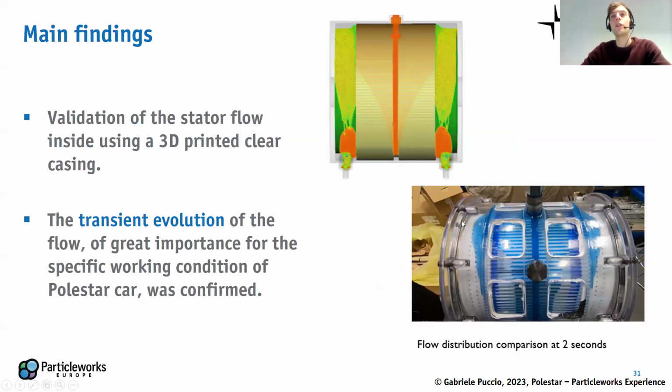Then, as mentioned, they wanted to see the flow distribution of the transient injection in the stator. You see here oil injected on top, and then you see the transient behavior of the oil. Of course, channels closer to the injection point are filled faster, and you see this oil distribution that is also matched experimentally.